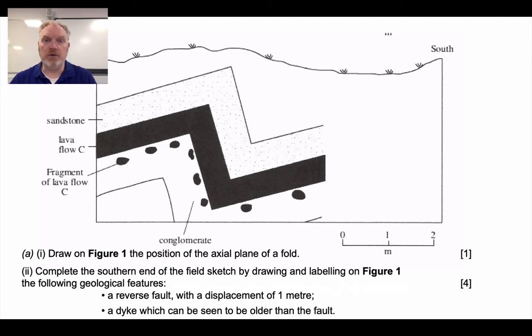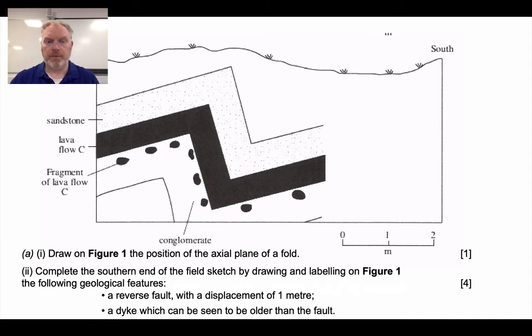Axial planes of folds join together the bends within a bed, what we call the hinge points. The fault that's described is formed by compression, and perhaps we should recognise what a dike would look like. If you're not sure about these, don't worry about it.